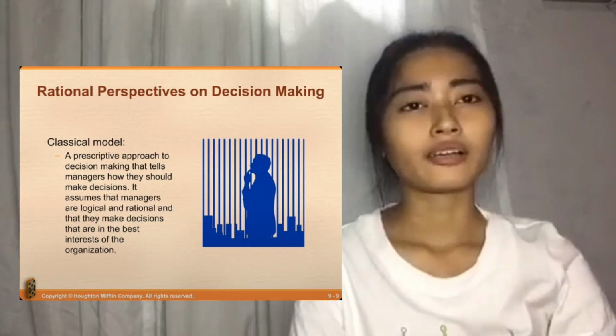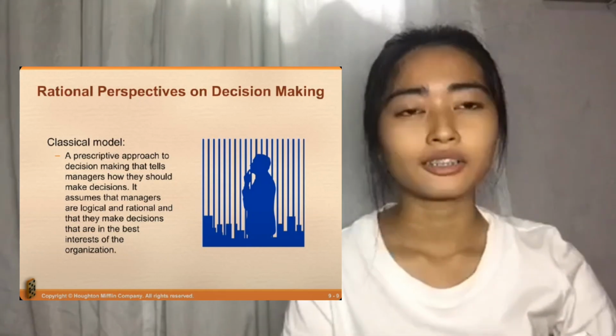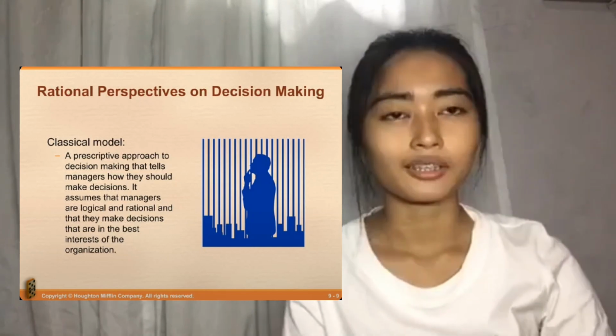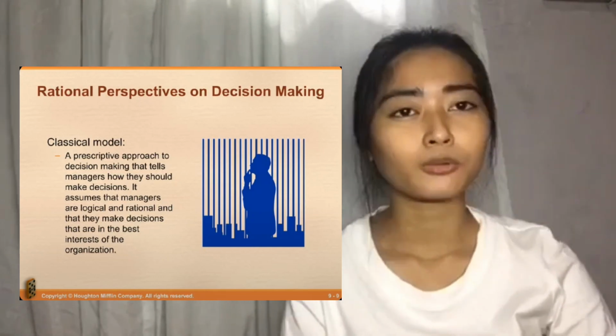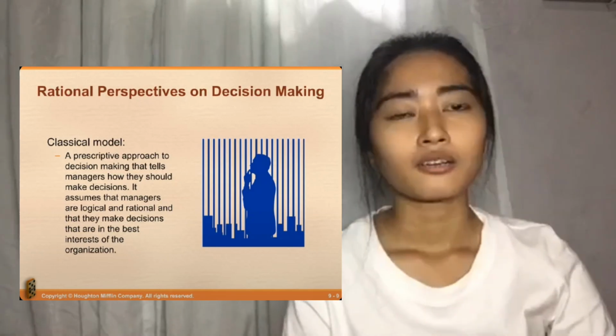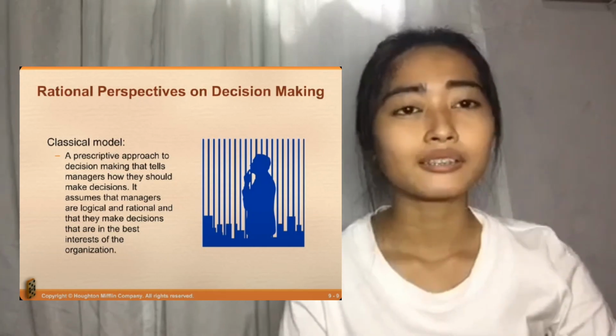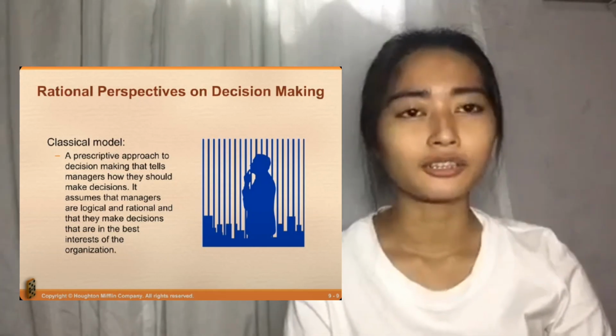So, in this area, the classical model helps the manager in terms of decision making. It tells them what to do and how they should make decisions rationally and logically that serve the organization best.